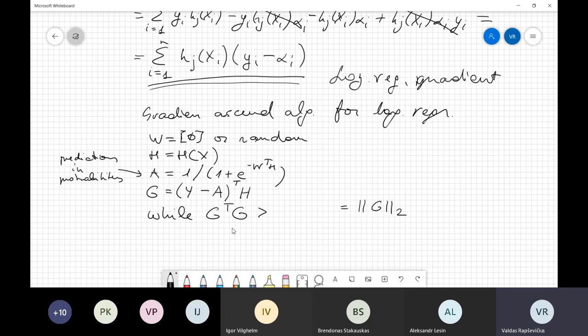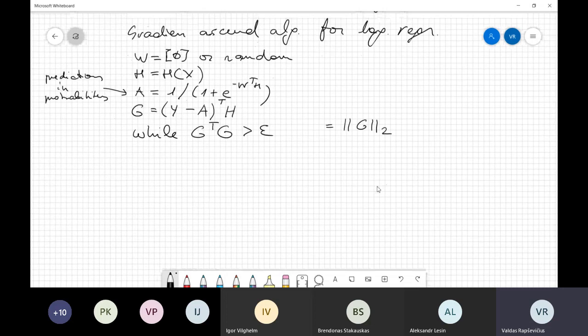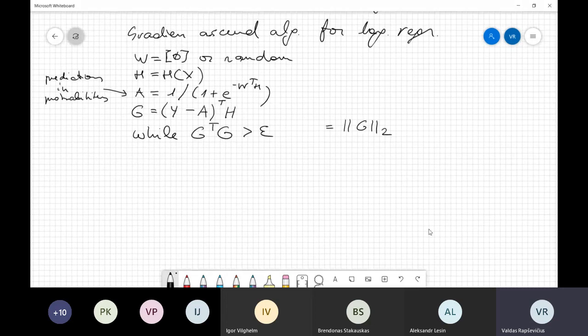So what we have here, if it is more than epsilon, right, a hyperparameter, if it is still more than epsilon, so we haven't reached it yet. So what we do, we calculate new weights. Weight equals weight plus eta, the learning rate, right?